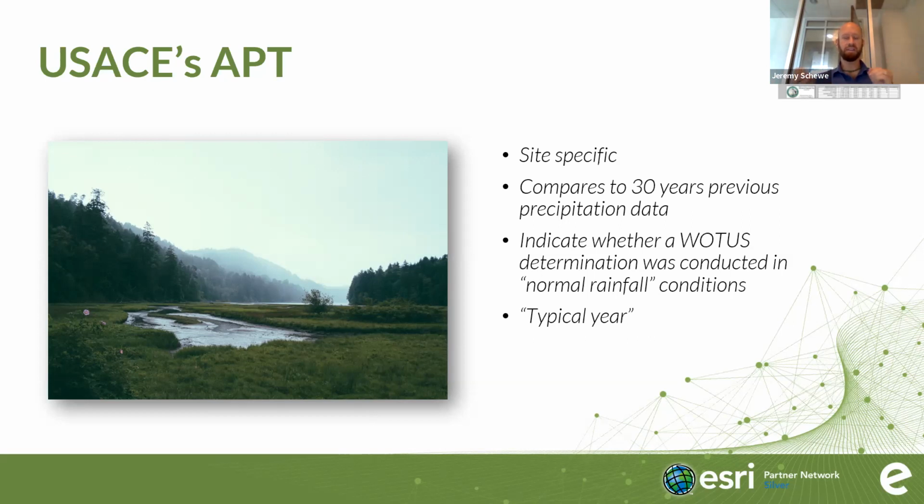But again, the main focus, the why, is to indicate whether this WOTUS determination that you're either reviewing or that you're submitting for review was conducted, the field work was conducted during normal rainfall conditions, as well as within a typical year, because then that data can be utilized as a way to support whatever argument you're making as a consultant or as a regulator.